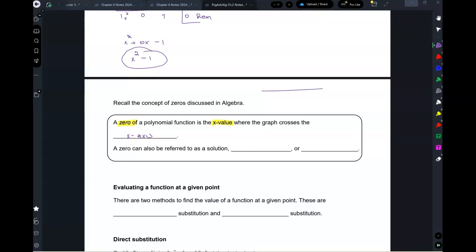So for example, if I have a graph that looks like this, all of the x values where the graph crosses the x-axis are the zeros of the function, right? Because the y value is 0 there. The function is 0 there. So those are zeros. A zero can also be referred to as a solution, a root, or an x-intercept.